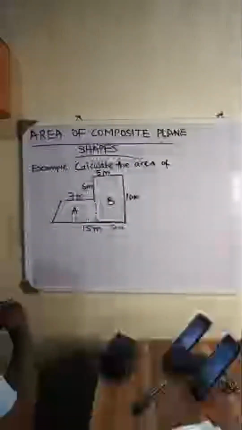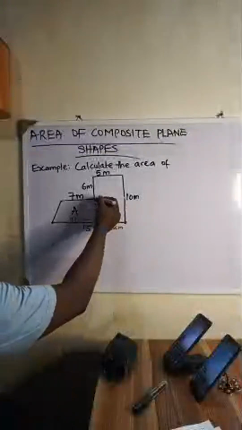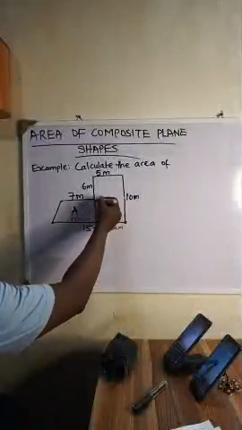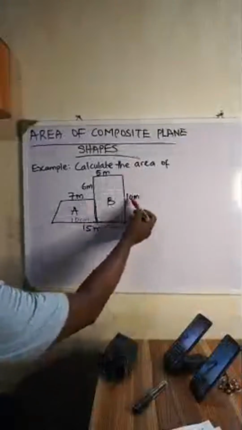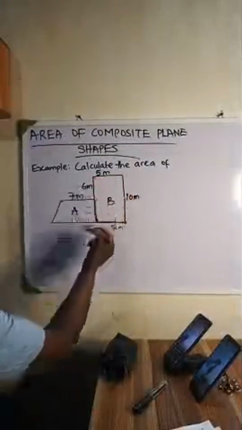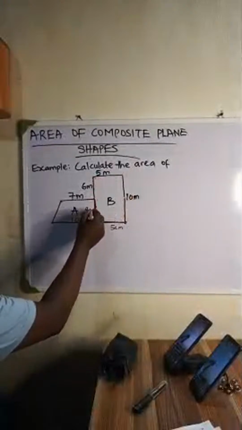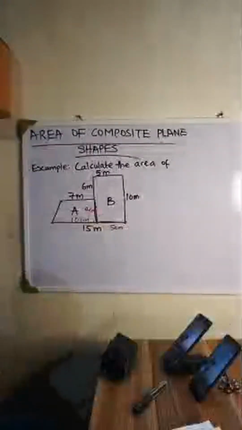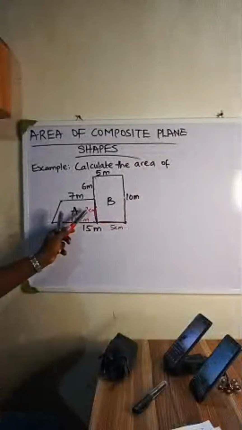Then next, to use the formula for a trapezium, we need to know this height. From this top to this bottom is 10, but from here to here is 6. That means this space here is going to be 4, because 4 plus 6 is 10.